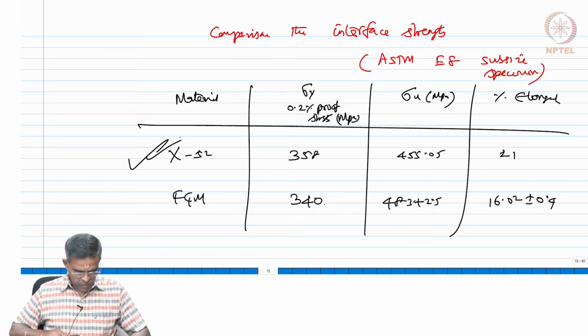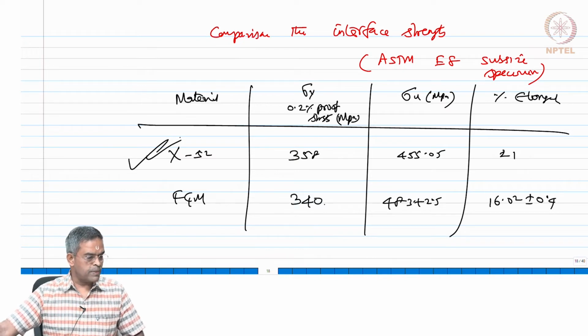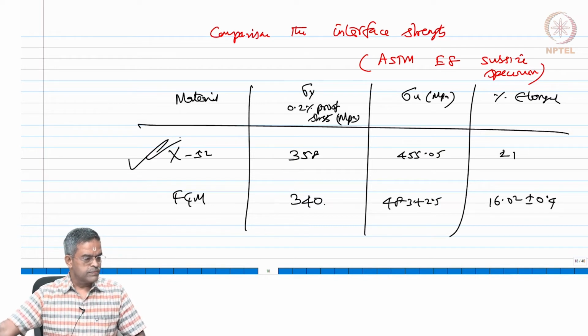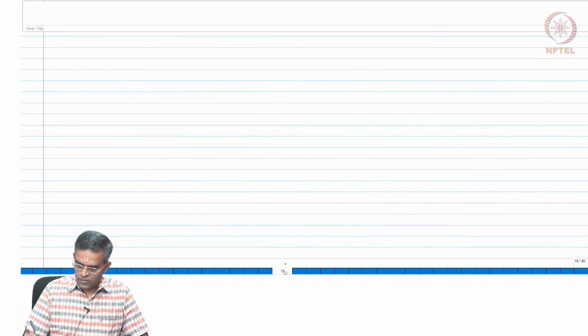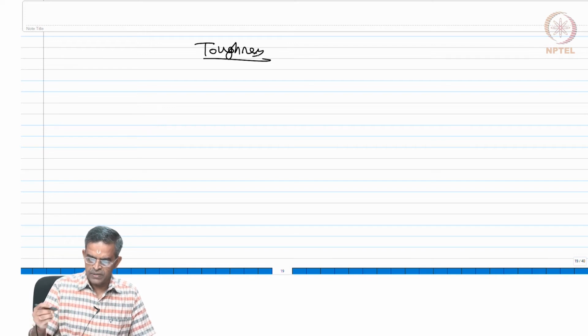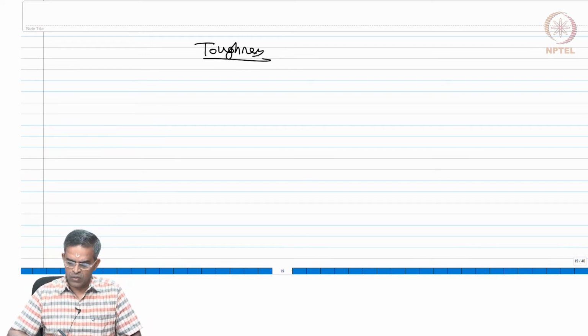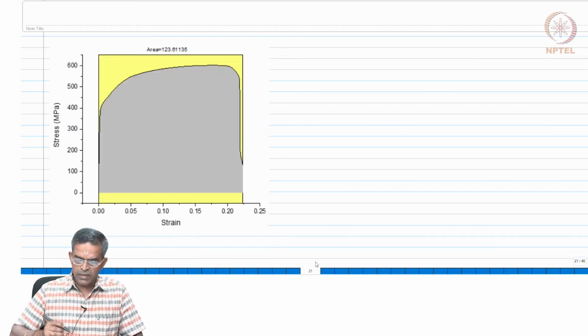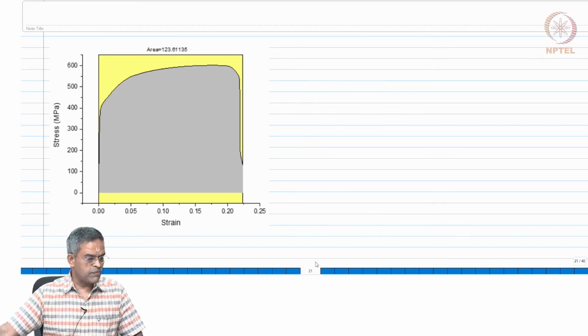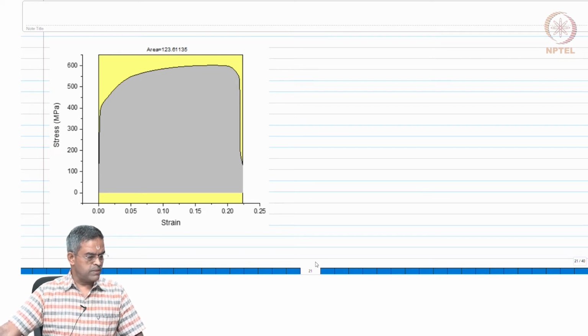So, therefore, we further investigated more structural properties of FGM and compare it with X52. So, we also investigated the toughness properties. So, toughness is actually the area what you work out with the stress strain curve. The area has been computed and the toughness value what you get from the stress strain curve of FGM is what you see here, which is comparable.